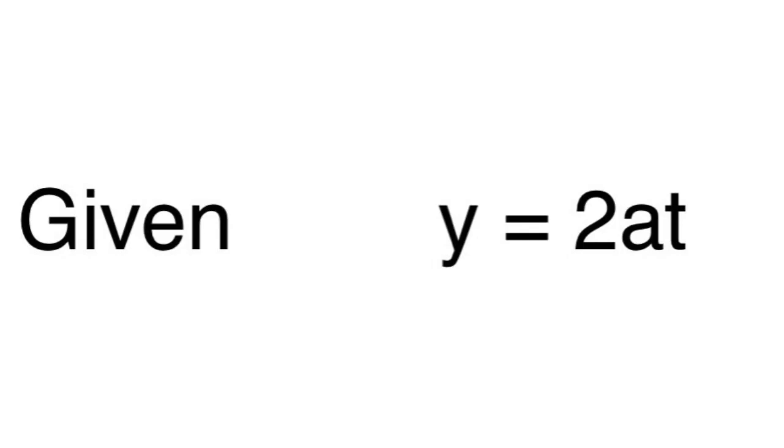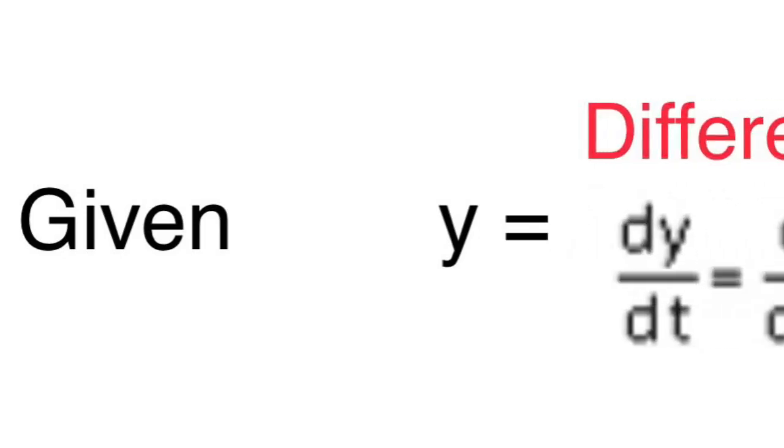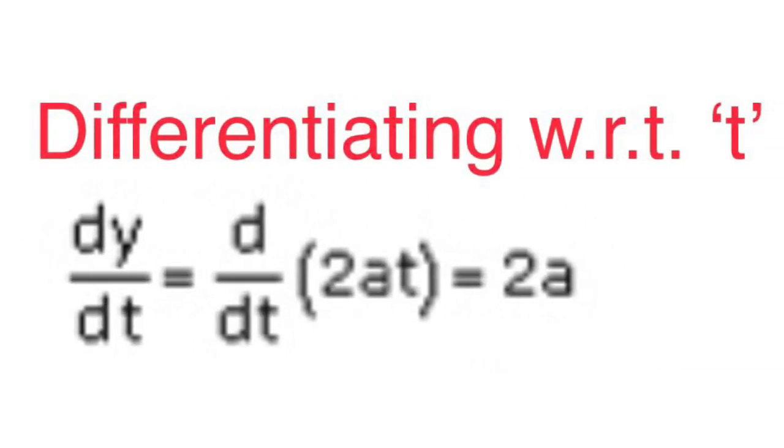Now the second given function is y equals 2at. We are going to differentiate it with respect to t. So we'll get dy upon dt equals d upon dt of 2at.